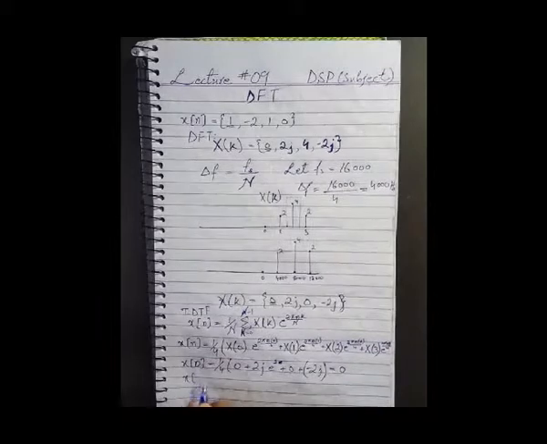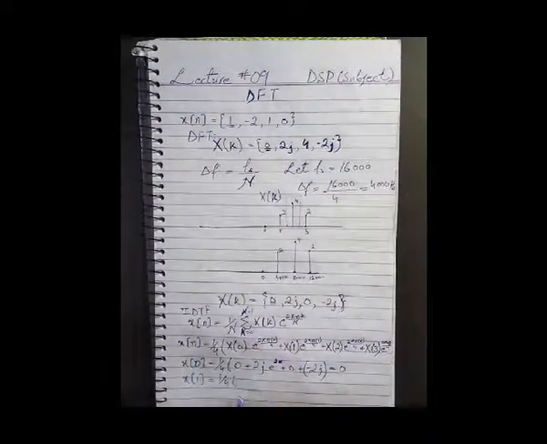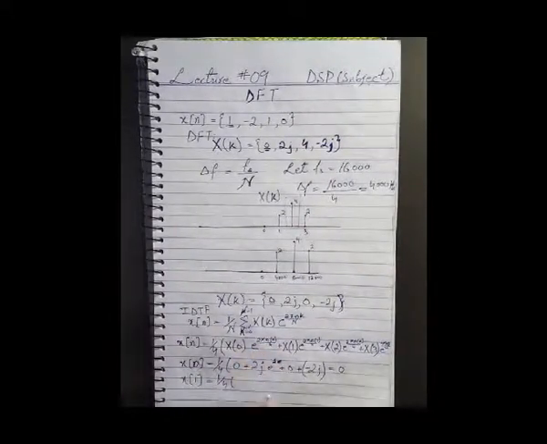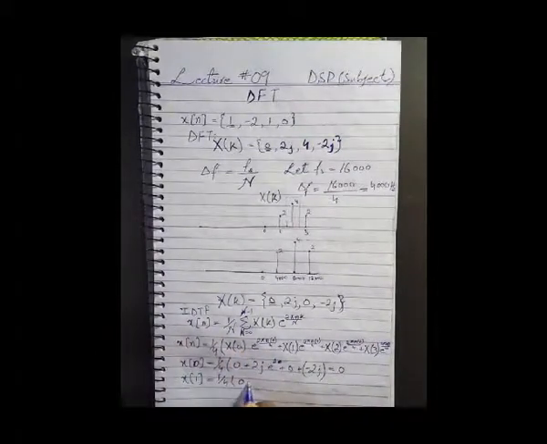Now we find x of 1, which is equal to 1 by 4. Now n is equal to 1. This whole term becomes 0 because x of 0 is 0.